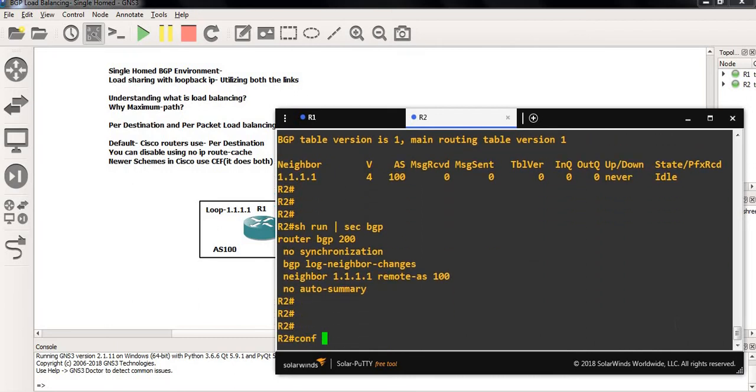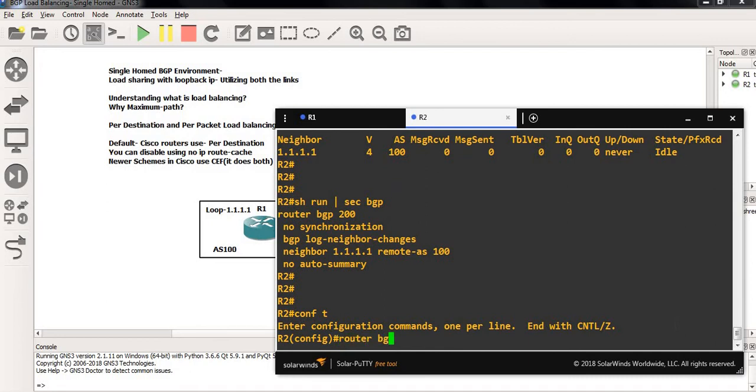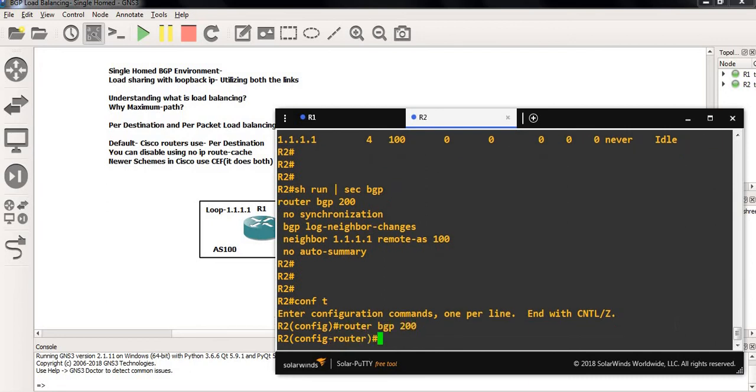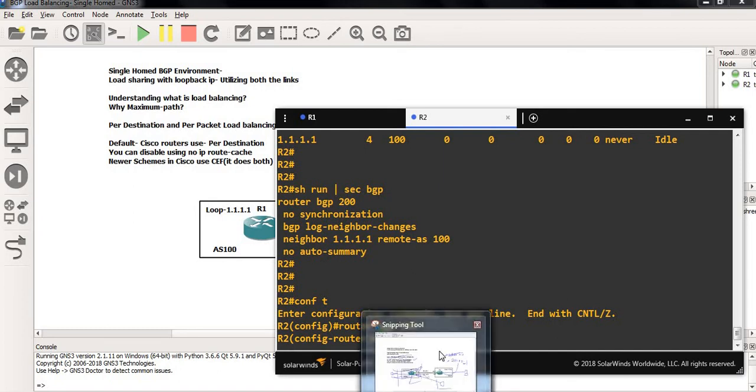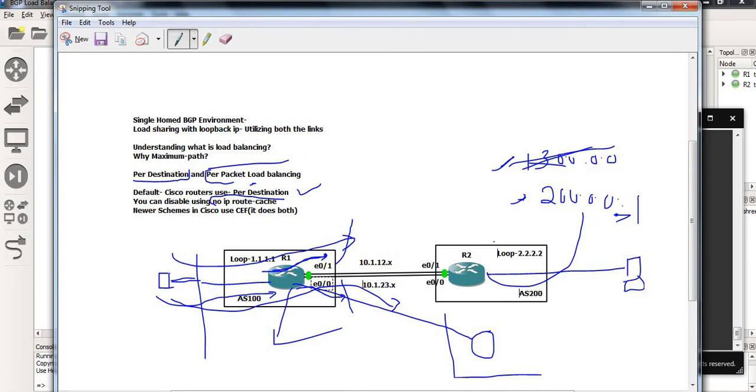So the first configuration is, in router BGP 200, you need to configure the update source with its own loopback IP address. Because when I send a packet from this interface, my BGP source packet will be from 2.2.2.2.